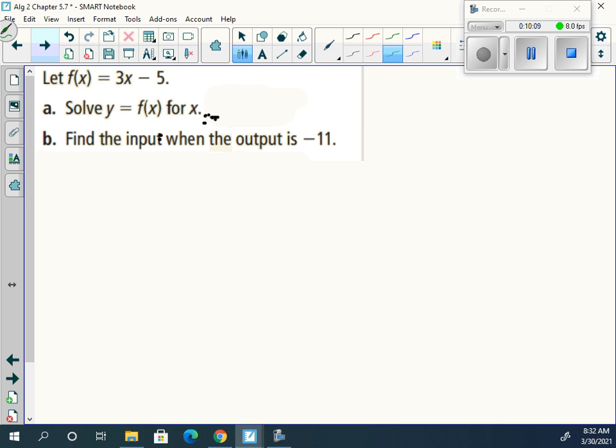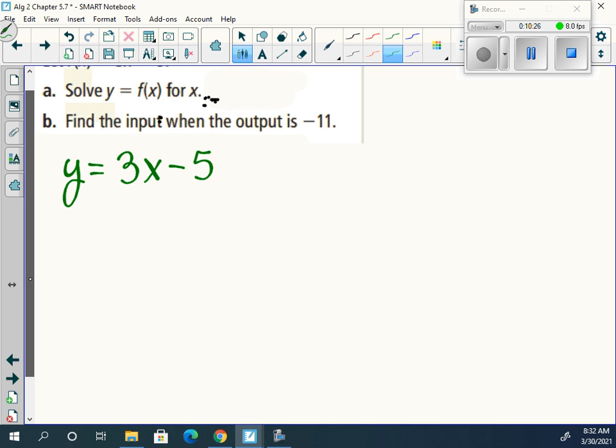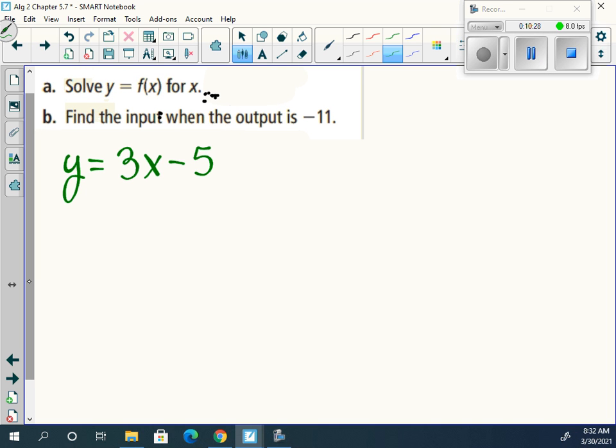So, first off, in either way, we need to change f of x to y. F of x and y are synonymous. H of x and y, any of those there are synonymous with y, our output. Now for this here, again, we're solving for x. We're trying to get x by itself. So the first thing we can do is we can add 5 to both sides.